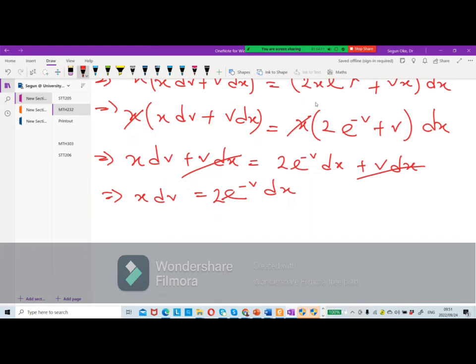Why we are doing separable variable, it simply means I can divide both sides by what? Anybody? I can divide x dv. You agree with me? I have x here, and I need v here to be 2e to the power minus v.